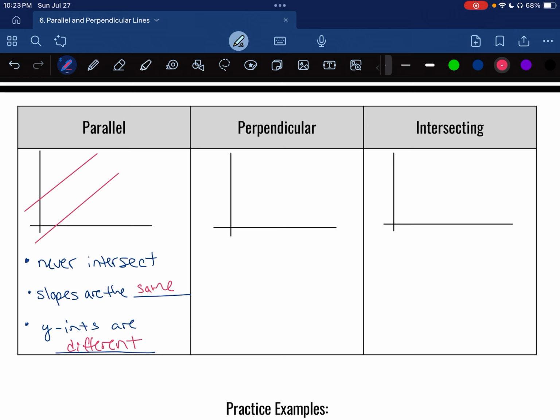Perpendicular lines look something like this, where they're forming right angles. I guess I'll be a good math teacher and I'll put arrows on all of these.